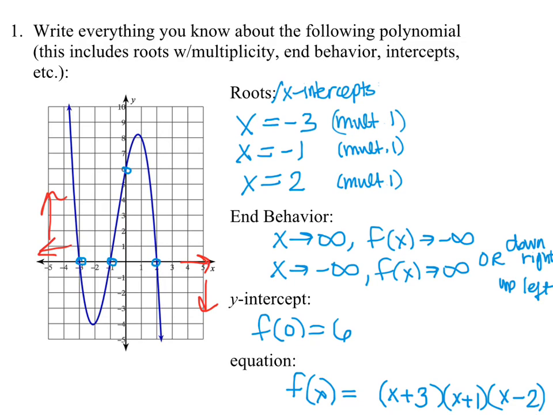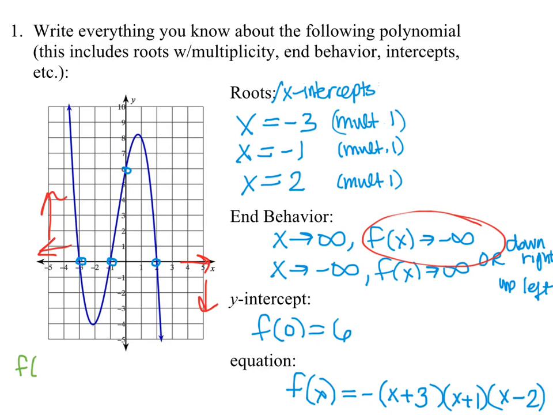This is almost my equation. However, because I was going down on the right side, I have to have a negative leading coefficient. To see whether it's going to be positive or negative, let's look at what f of 0 is equal to.